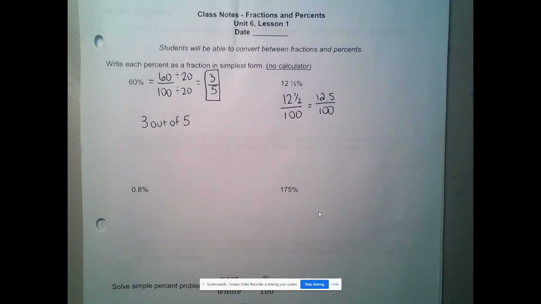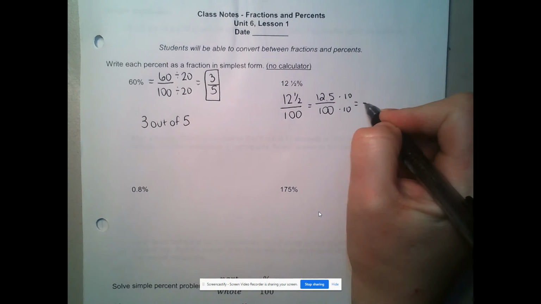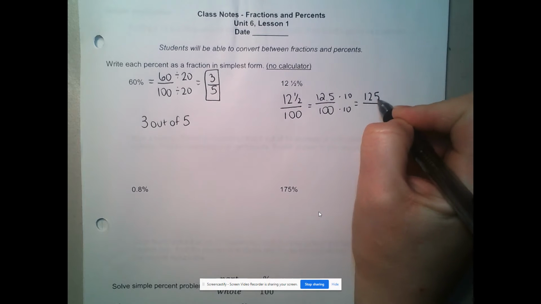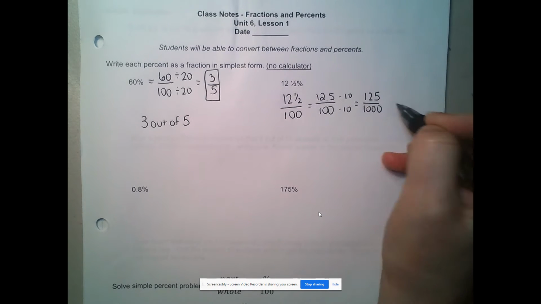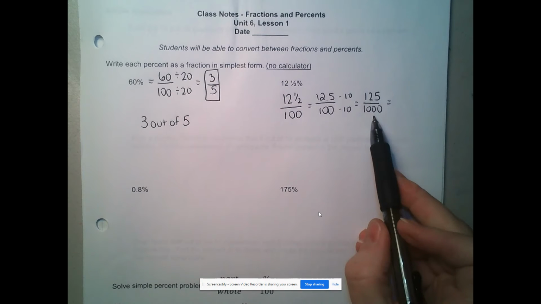I'm going to tell you in both the numerator and the denominator to multiply by 10, which seems really silly, right? I'm telling you to get lowest terms. Why would I tell you to multiply? Because what I'm asking you to do is get rid of that decimal point. So 12.5 out of 100 is the same as 125 over 1,000. And that's a lot easier to work with because it doesn't have a decimal.